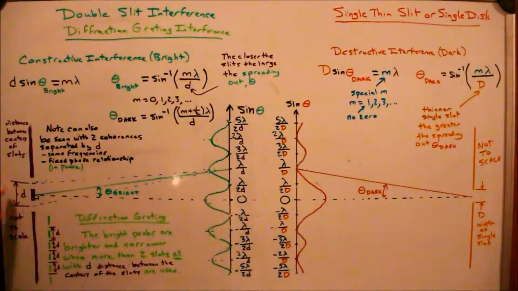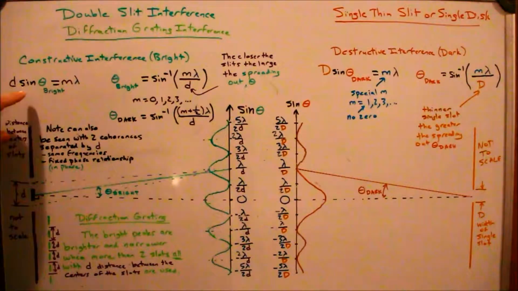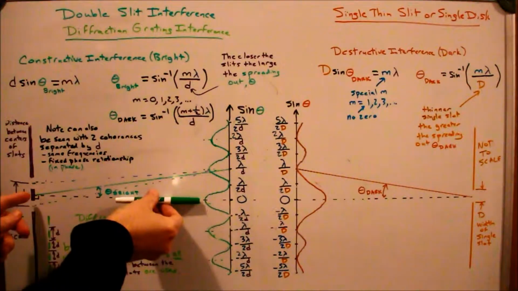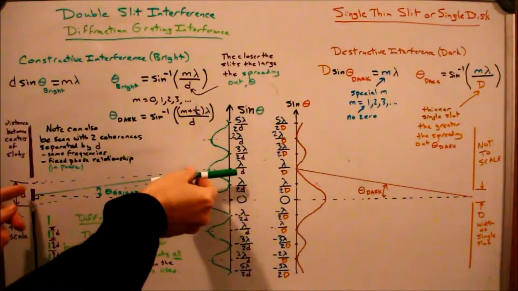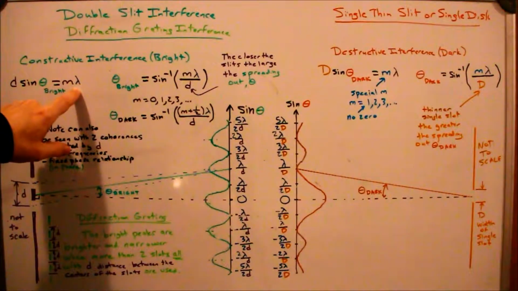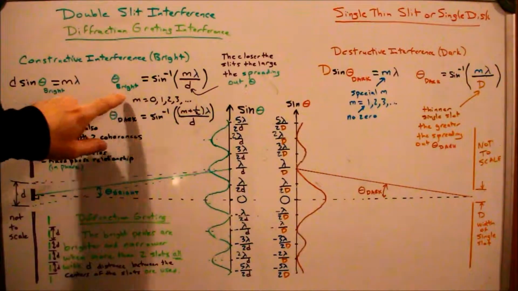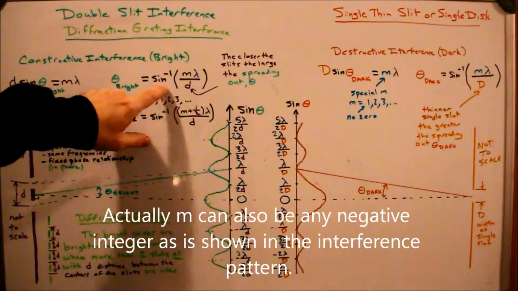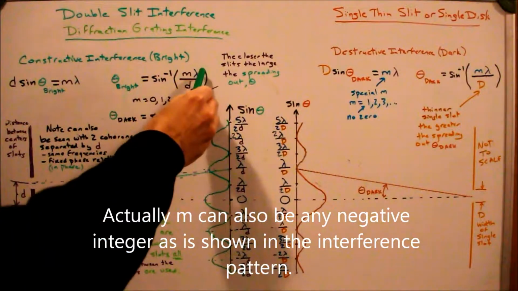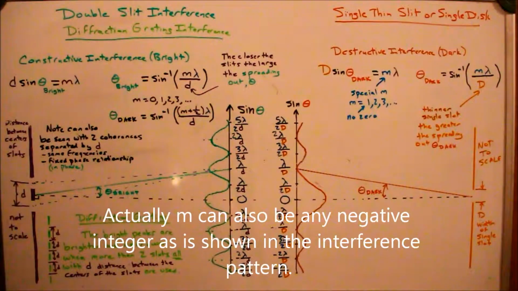It's d, which is the center distance between the slots, times the sine of theta bright, where theta is measured from the 0 up to this point, equals m, where m is any integer, times the wavelength. If one solved for theta bright, you would get the inverse sine of any integer times the wavelength over d, the distance between the slots.